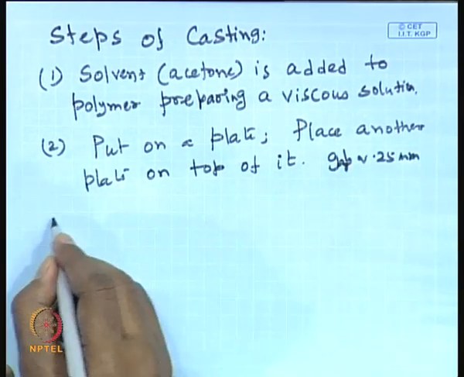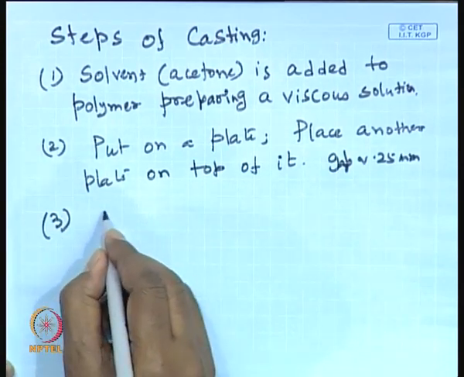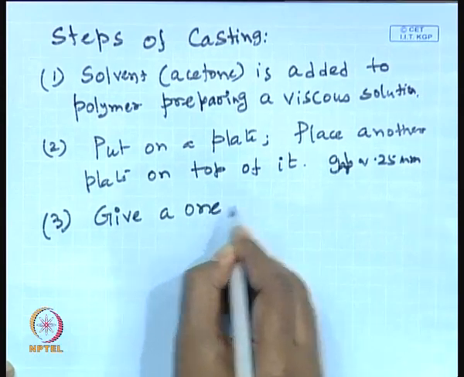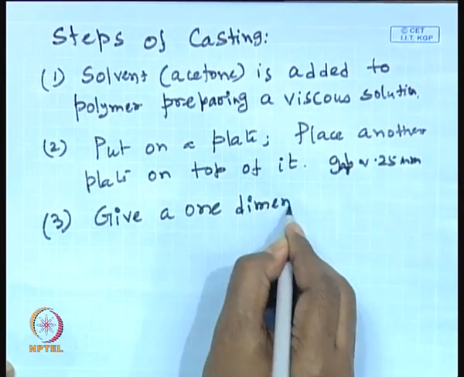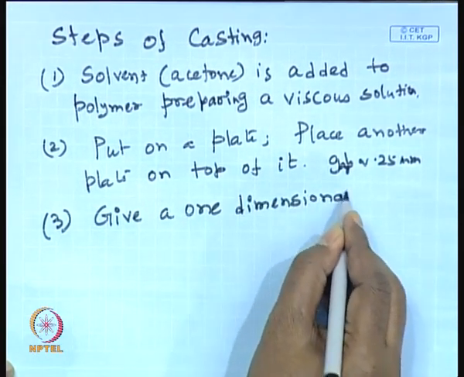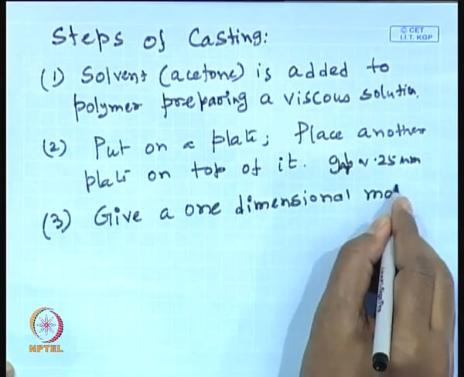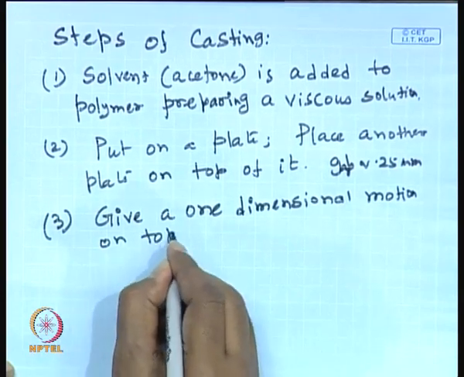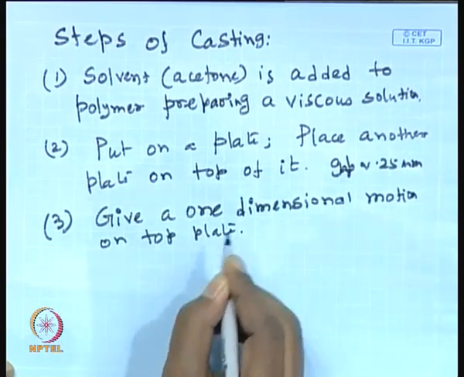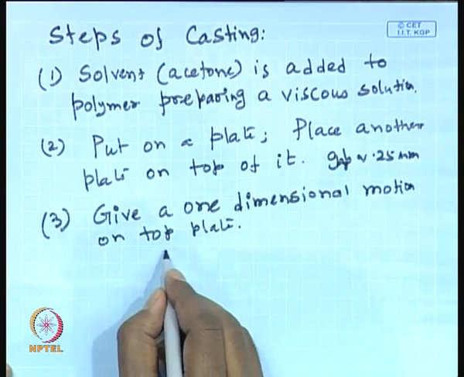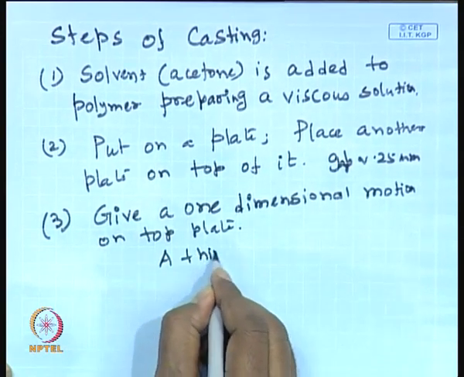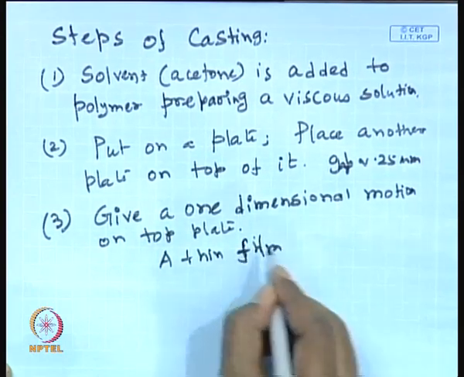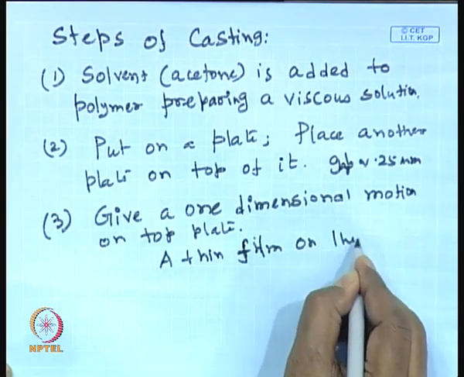Then the third step is to give a one-dimensional motion to the top plate. What it results in is a thin film on the bottom plate.